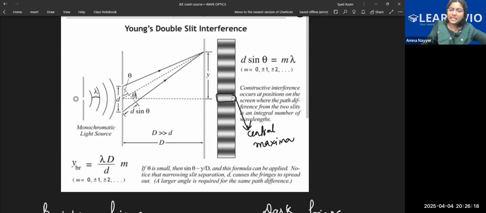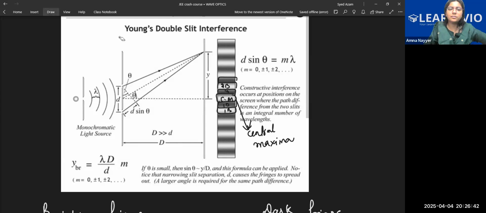If this is the central maxima, this becomes the first dark on both the sides. Then this will become first bright on both the sides. Then again you have second dark, second bright, like this.